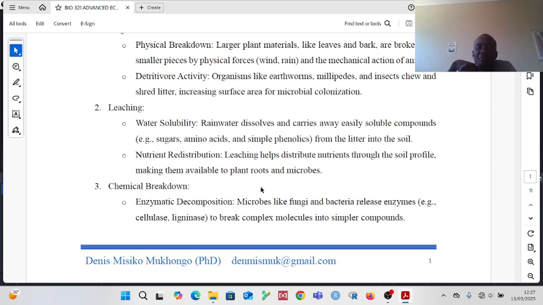There are those enzymes that will be released to target the lignin. Then you are talking of ligninase, the enzymes that are targeting the lignin. What these enzymes are doing is helping to break down the complex molecules that are present in the litter into simpler compounds.